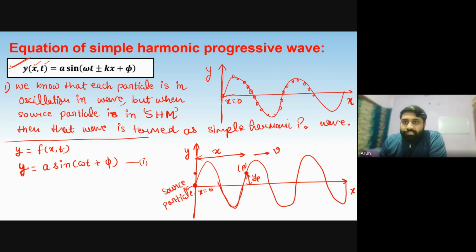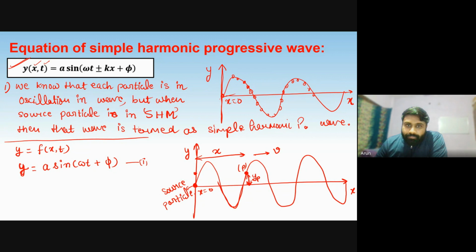Have you got it? Each and every one. When you answer this question, then I will move further. What I'm trying to say is that this particular displacement, some time before, was at the source point.